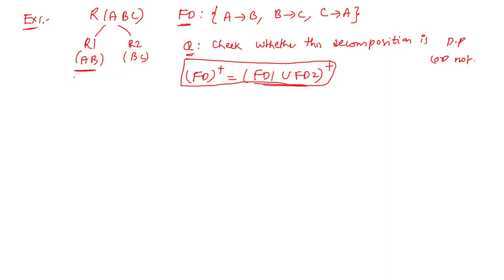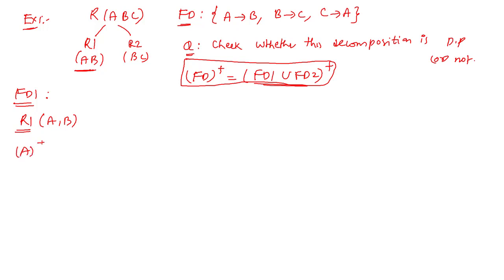Okay, so let us take the calculation of the functional dependency set FD1. FD1 is derived from relation R1, which has attributes A, B. Now let us derive the functional dependency set.